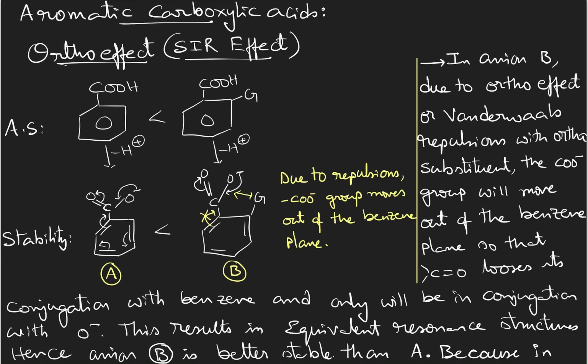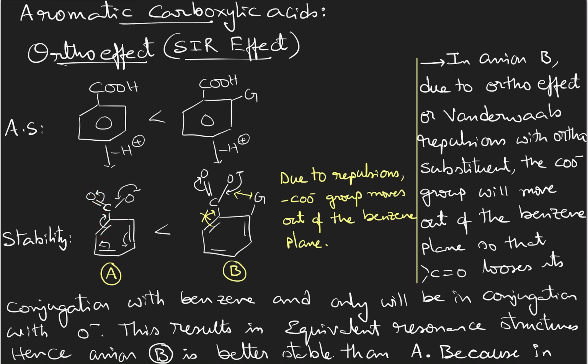Now here in this benzoate ion, the C double bond O is in conjugation with O minus. O minus can donate its negative charge electron density so that the pi bond can shift onto oxygen. At the same time, the C double bond O is also in conjugation with the benzene pi bonds, so the benzene pi bond can shift here and the pi bond can shift onto oxygen.